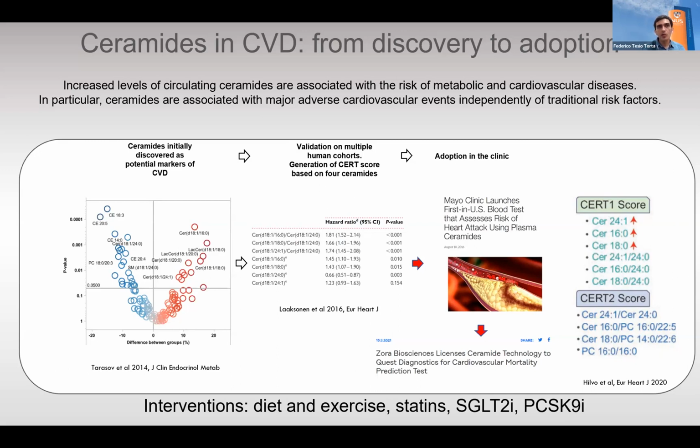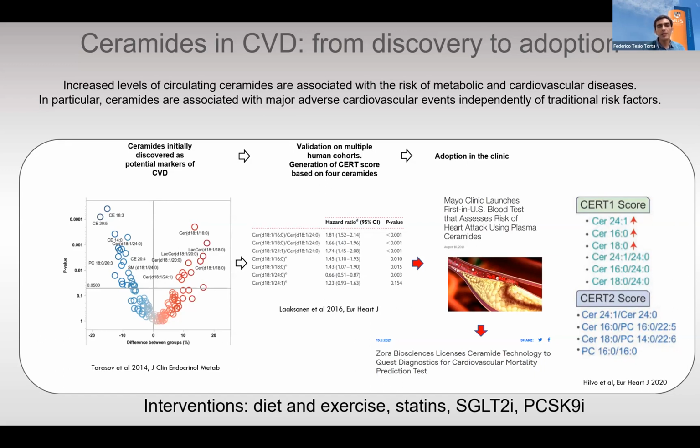So what is also important to note is that the ceramide scores, these ones I just described, are a complementary tool. We can see it as a complementary tool in CVD risk prediction when compared to other lipid markers, for example, LDL cholesterol, because these groups found out that they are quite independent markers.